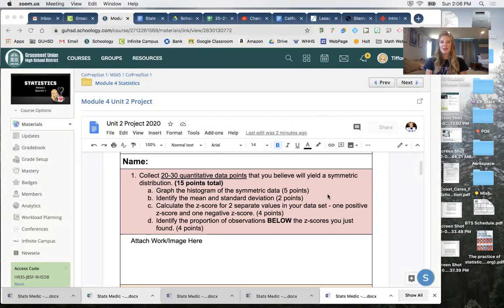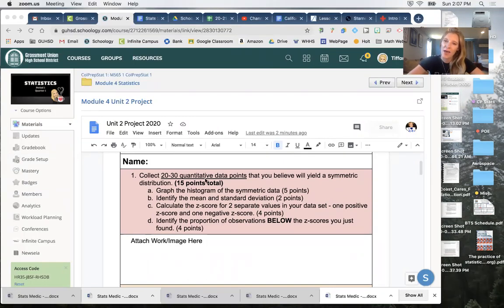So it's a data set that you really have to think about first that will yield symmetric data. If your graph ends up being slightly non-symmetric, then that's okay too, because it's such a small data set. But definitely don't do anything with skewed values that you know right off the bat. So you're trying to go for a symmetric data set.